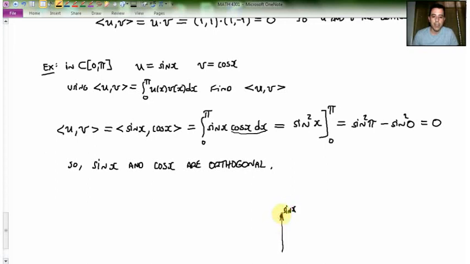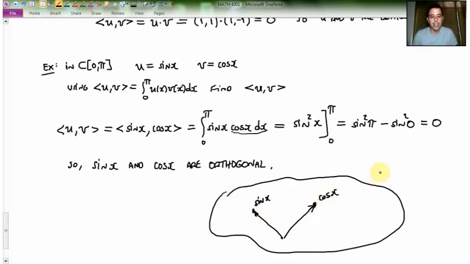So here's sine, the sine is someplace in there. It turns out that cosine is perpendicular, or orthogonal, to sine in this space of continuous functions from 0 to pi. So sine and cosine make an angle of 90 degrees in this weird inner product space.